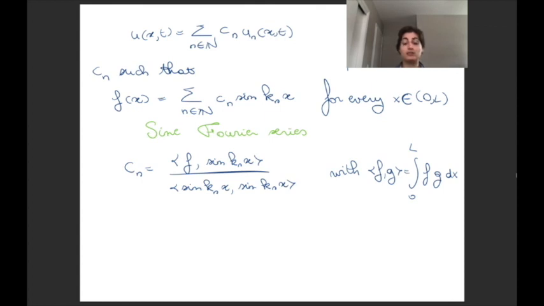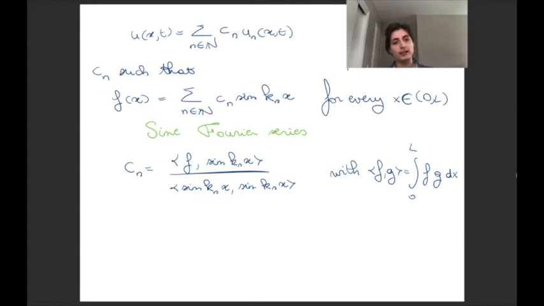And we can do this because this is one of the things our Sturm-Liouville theory can help us with, which is actually finding the C_n's. If you notice, this is a sine Fourier series, so you can use that approach, but as a general statement, we have found the sine k_n x as orthogonal eigenfunctions of a Sturm-Liouville problem.